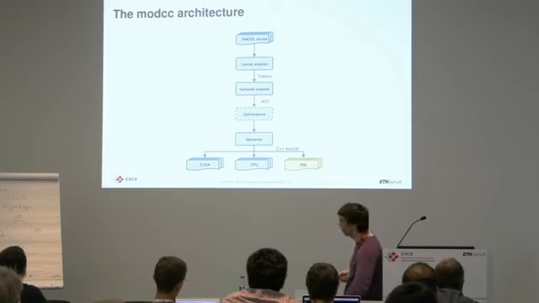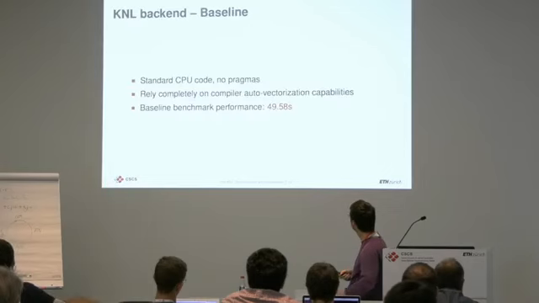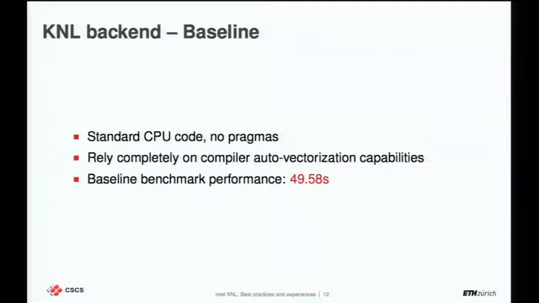I'm going to talk, as I said, about the KNL part of this. So first of all, we started with the CPU code, and basically the modCC compiler generated standard CPU code, and we then used the ICC compiler to compile it without any pragmas at all, just whatever it can figure out from auto-vectorization. And so this is our baseline benchmark performance, about 50 seconds.